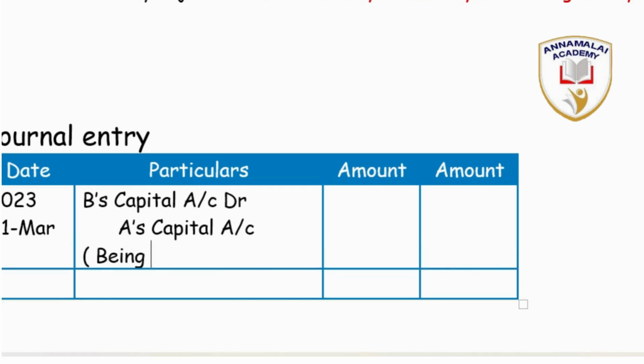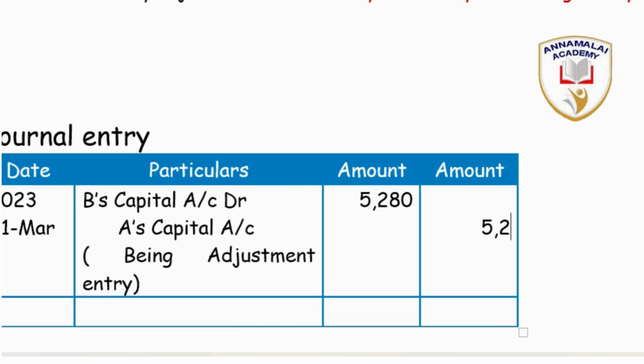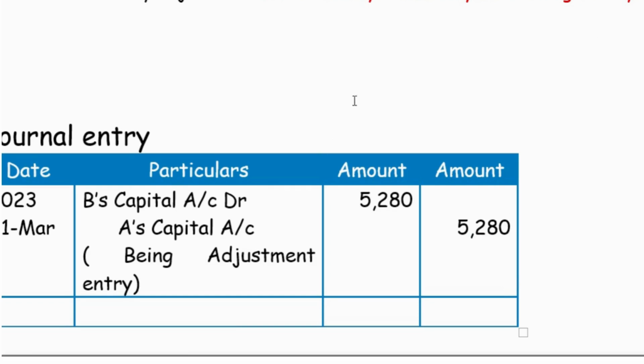Being adjustment entry for interest on capital and drawings. The amount is rupees 5,280. This is how we make the adjusting journal entries.